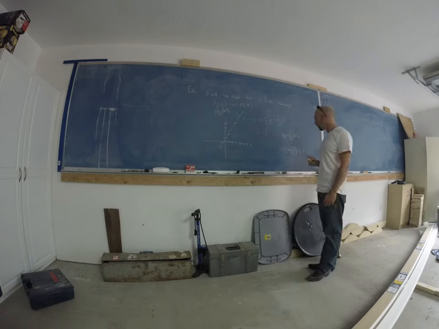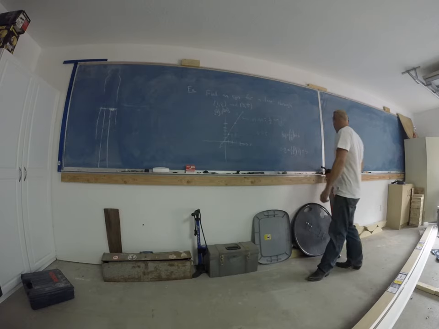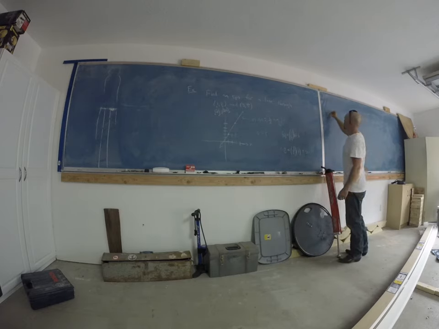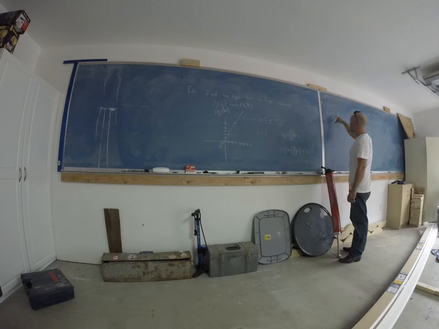Okay, so now how do I solve for b? What should I do? Well, this is 3 halves. I want to isolate b, so I should move that to the other side. So I get b is 2 minus 3 halves. And then I think, okay, 2 is 4 halves.